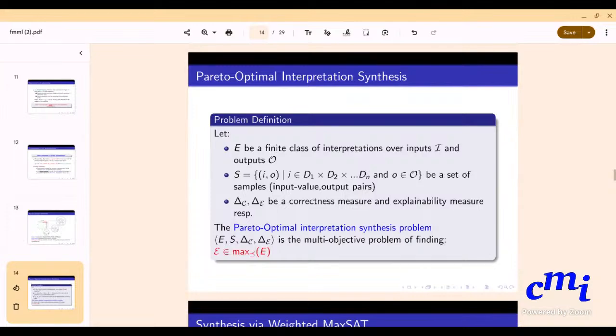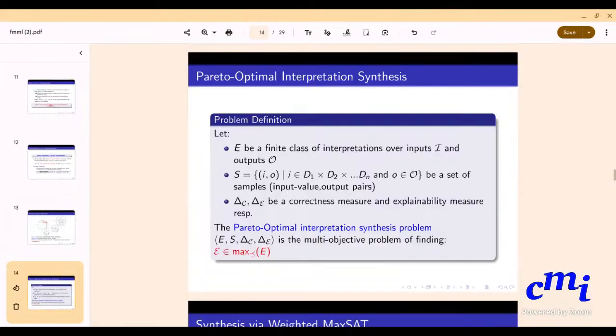So the whole thing is the search space, isn't it? Yes. If you bound the depth and your features and predicates are all bounded, then there are only finitely many possible interpretations, syntactically.